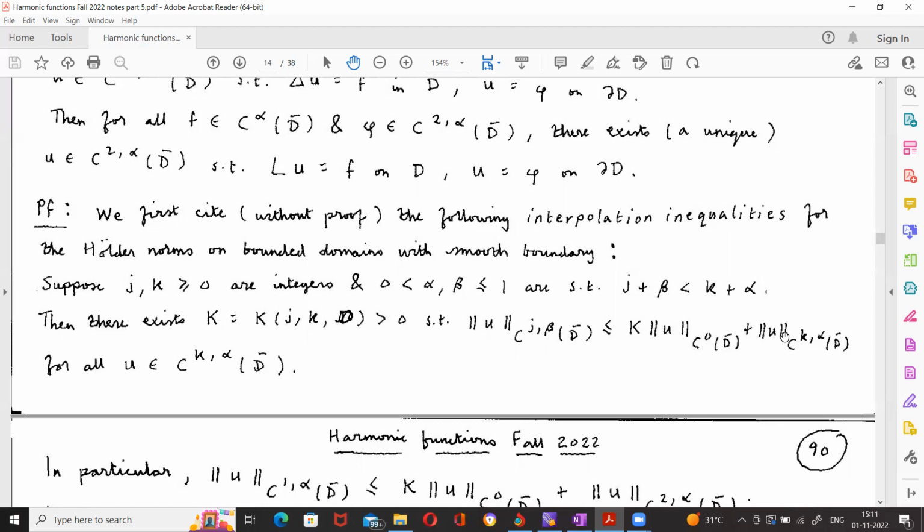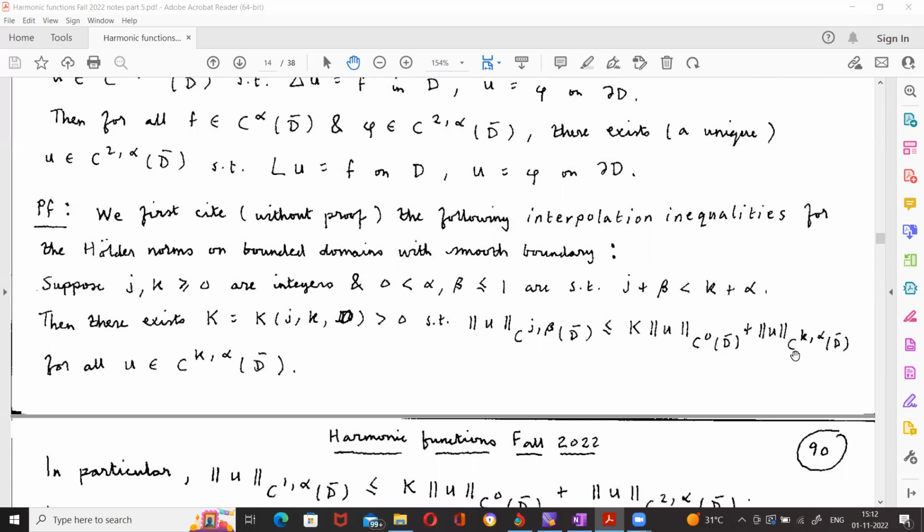So that means basically if J plus beta is strictly less than K plus alpha, then if the C K alpha norm is finite, then the C J beta norm is going to be finite. Sorry, C K alpha is going to be contained in C J beta. It's the other way around.